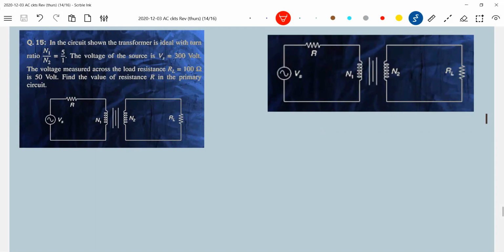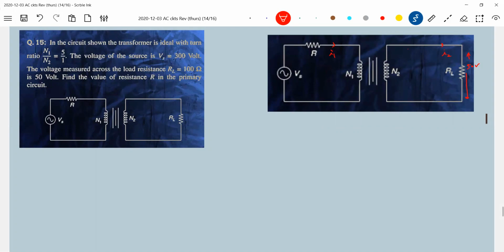So what is the current here? RL is equal to 100 ohm, and this voltage is 50 volt. So let's get this current I2. Let this current be I1. In fact, small letters, because it is AC.